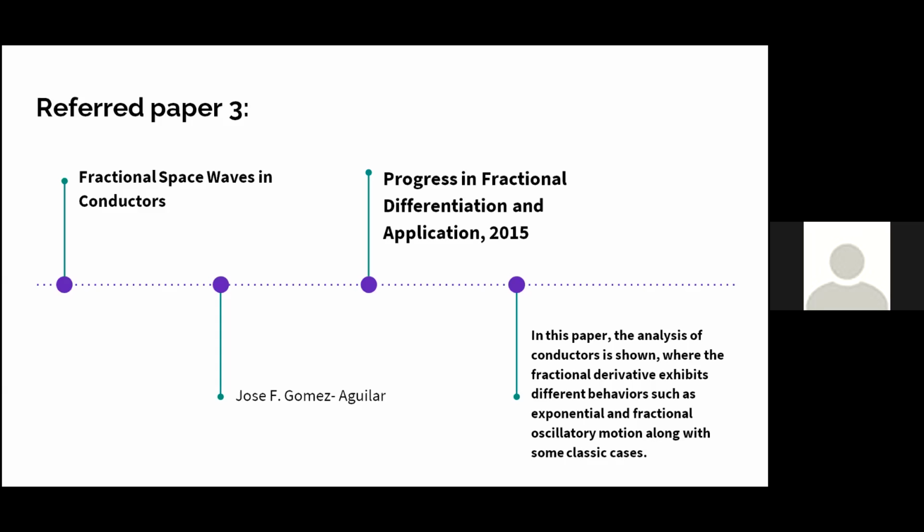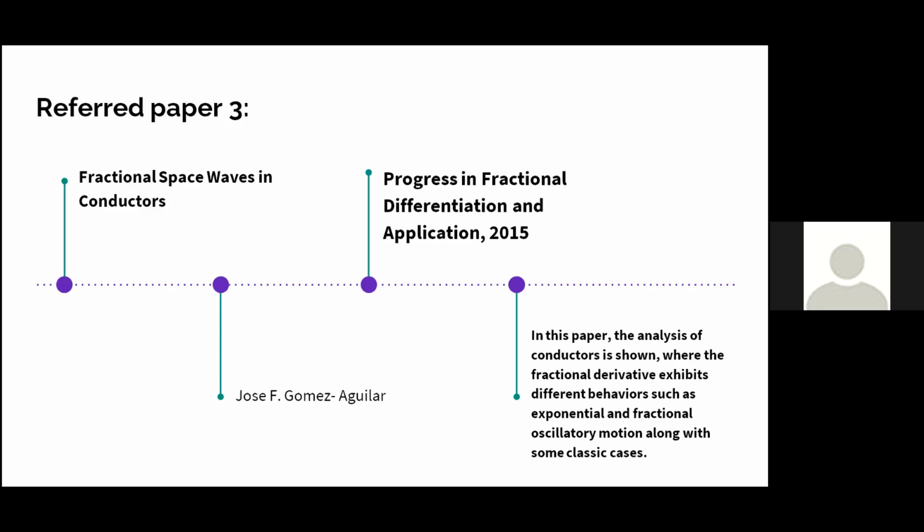The conclusions made through this paper were the analysis of the fractional space waves in conductors from the point of view of the fractional calculus. It is a derivative which is used, along with the order of the derivatives. In particular, in this paper, a model of dimensional fractional wave equations was considered in detail.